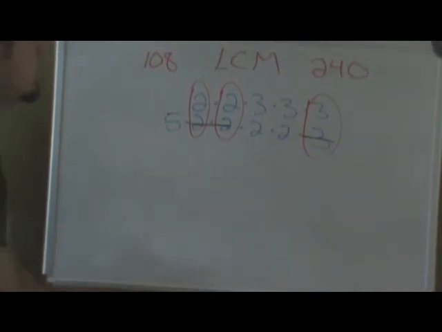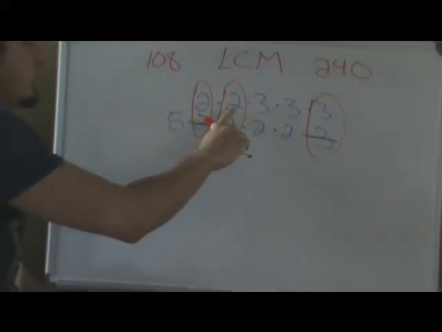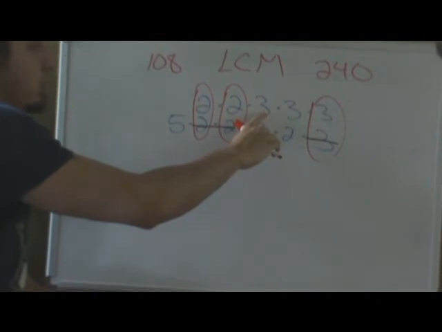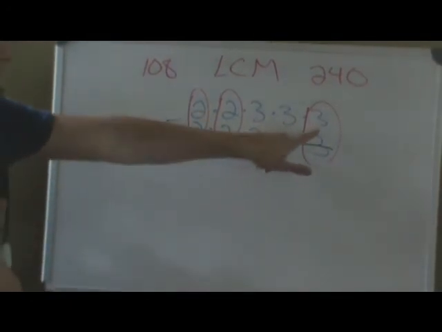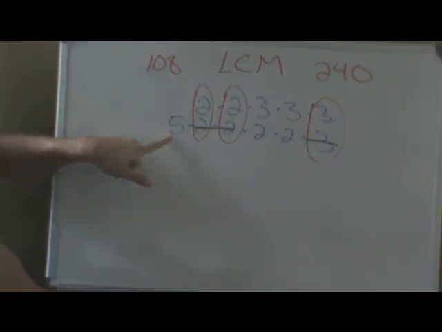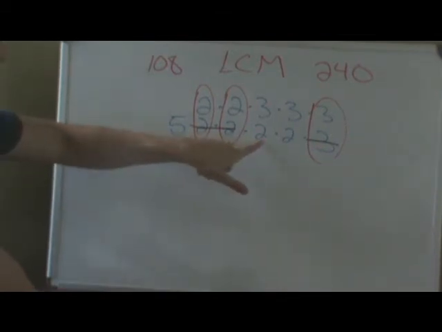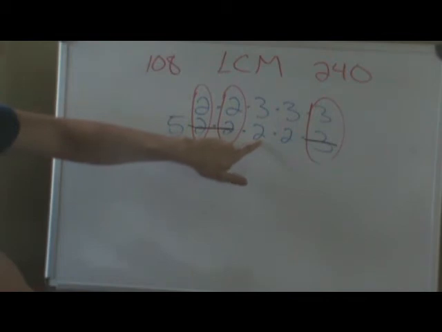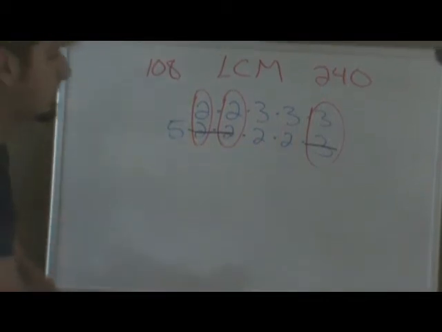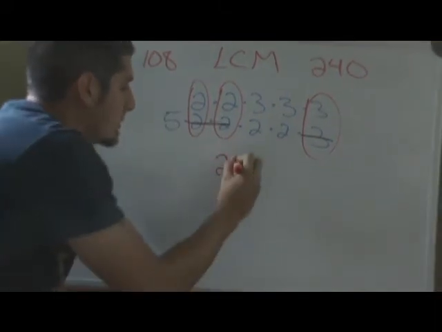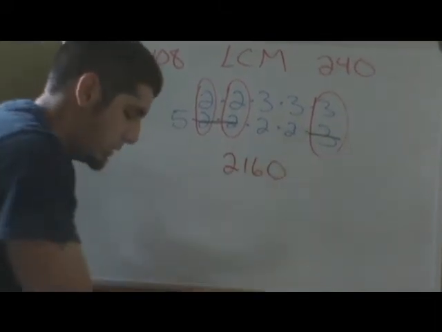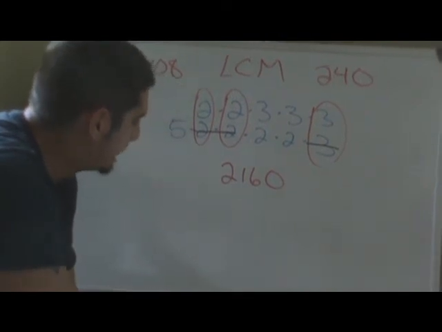So, I'm going to do 2 times 2 is 4, times 3 is 12, times 3 is 36, times 3 is 108. 108 times 5 would be 540. 540 times 2 is 1080. 1080 times 2 is 2160.